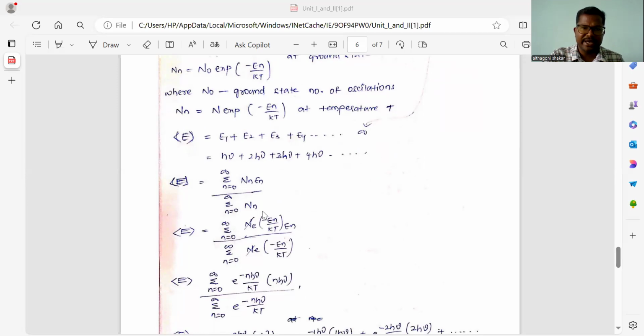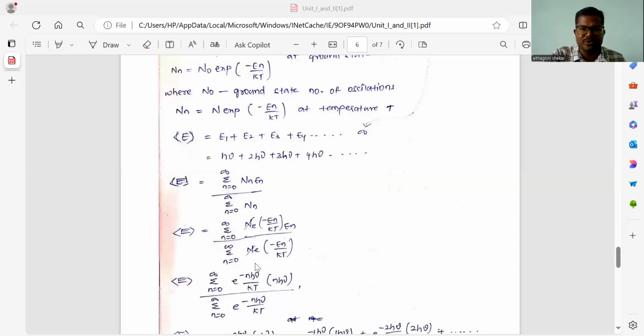According to Maxwell-Boltzmann, Nn at the absolute temperature is N0 times exponential of minus En by kT, and En equals nhν. In the denominator, the summation over n from 0 to infinity of Nn equals N0 times exponential of minus En by kT. N0 gets cancelled. So the average energy E equals the summation of e raised to minus nhν by kT times En.